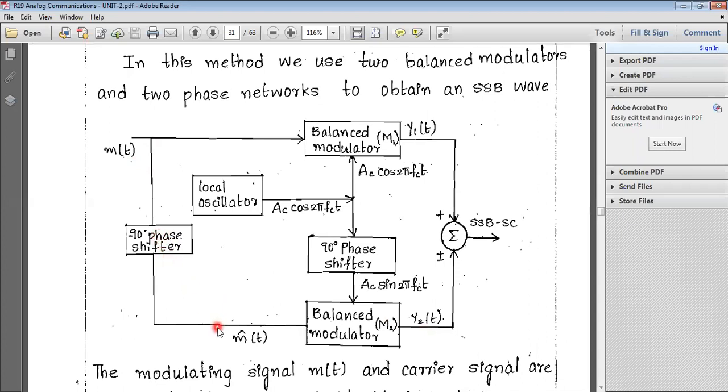That is, it is an out of phase signal of the original message signal. How can we represent the out of phase signal? m cap(t). So for the second balanced modulator, we have m cap(t), the out of phase message signal. And what is the other signal? Ac sin 2 pi fct. Now what is y2(t)? y2(t) is a product of m cap(t) and Ac sin 2 pi fct.